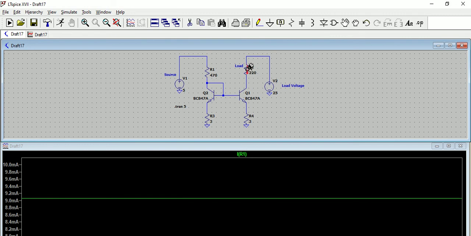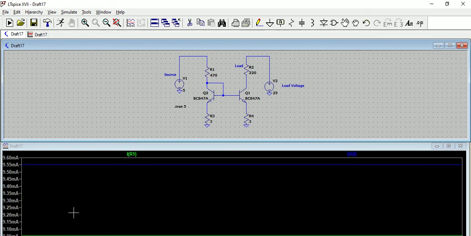When we see this particular current, it is almost equal to 9.1 milliamps. So very close, right? Considering that we have a very high load voltage, and the load resistance is also lesser than what is there on the collector side, the currents are very nearby.